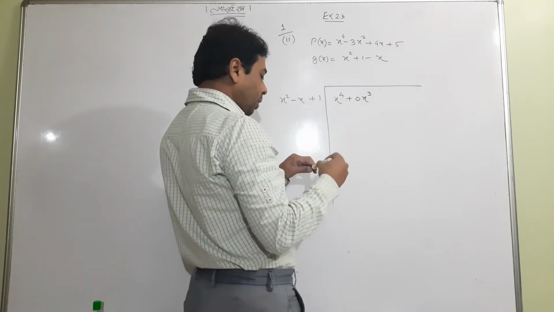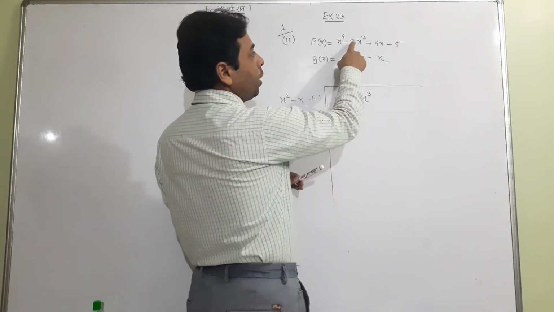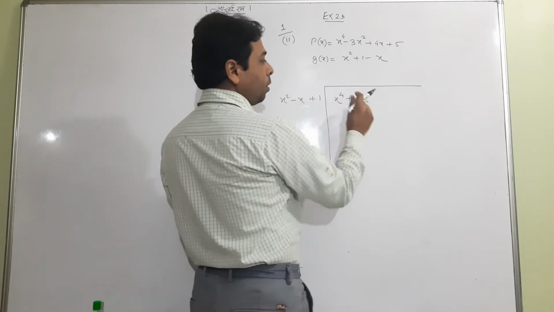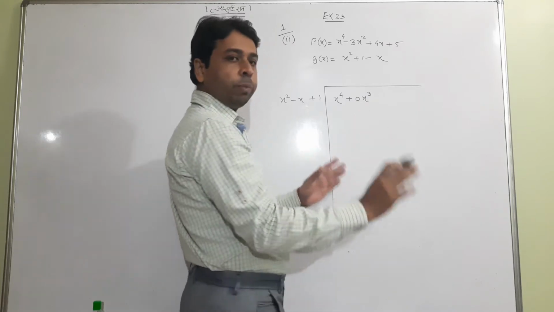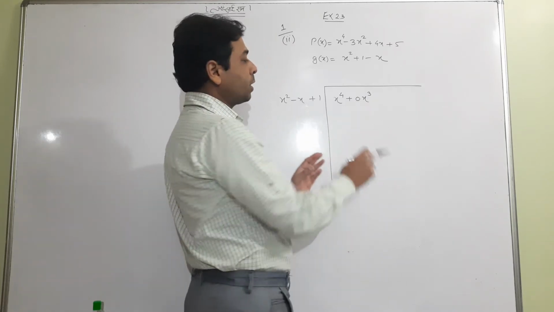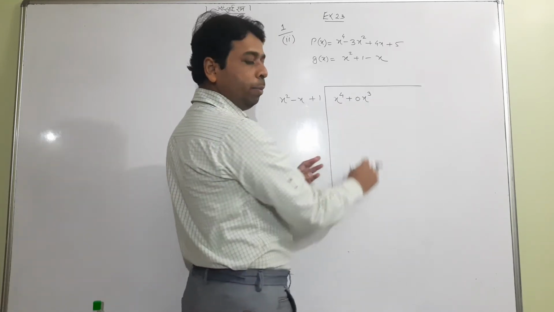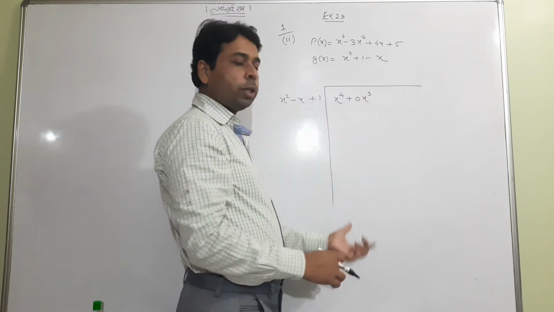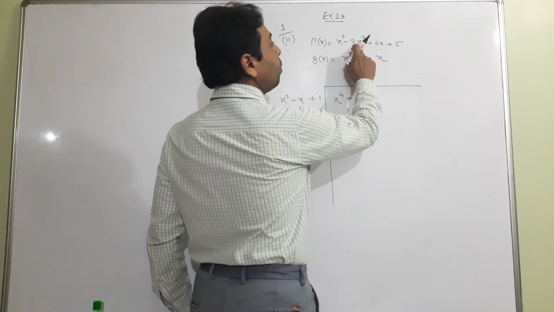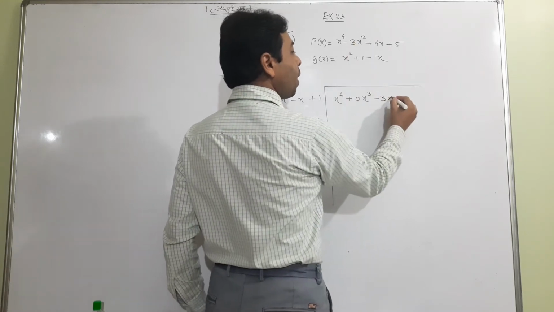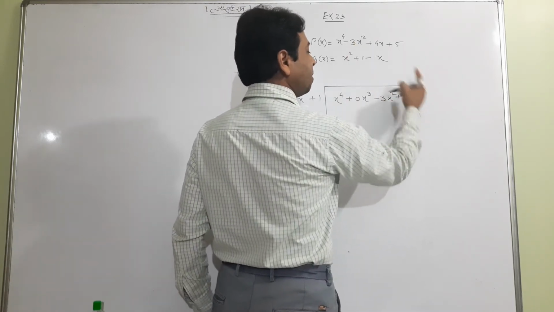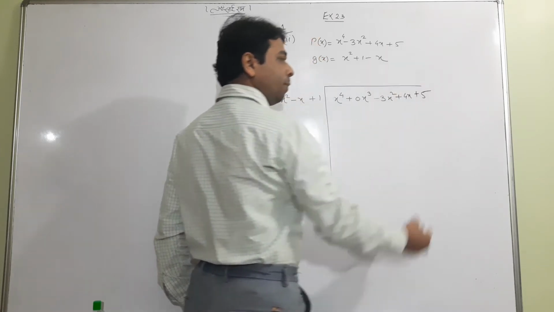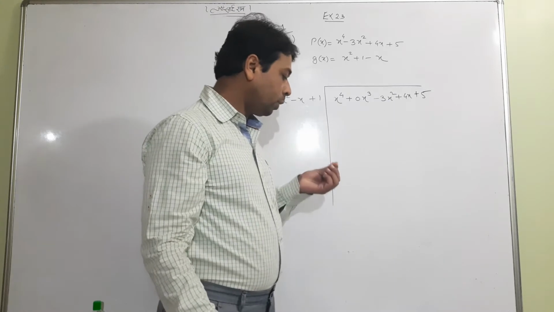Even though x cube is not there, we want to write it, so we'll make its coefficient 0: 0x cube. No meaning, but we have written it because after x to the power 4, x cube will be good. This is a very important step while doing the question. Okay, minus 3x square, same, then 4x, then 5.